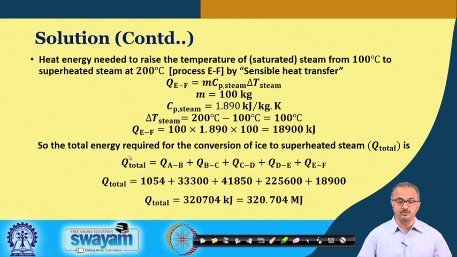Now when we want to know the total amount of heat energy required, we simply sum up the heat energy required in each of the sub processes, and here we get, after adding all these heat energy contributions, this is the value of the total heat energy required in kilojoule or in megajoule.